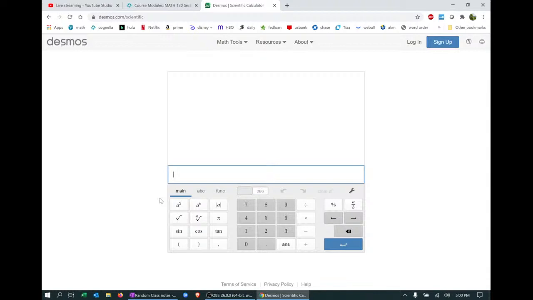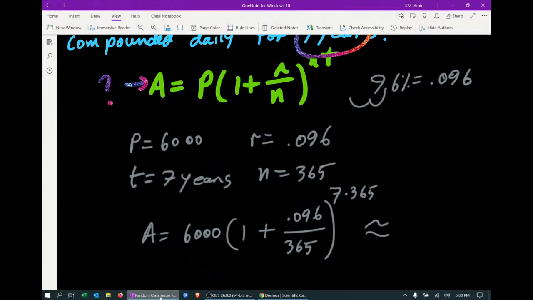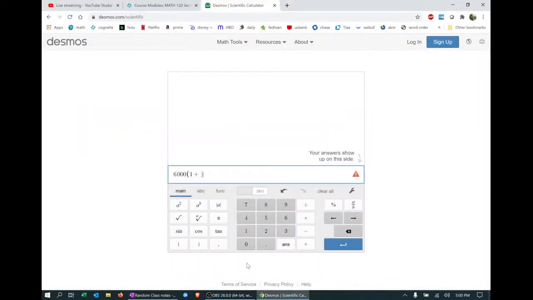Then we have 6,000 times (1 plus 0.096 divided by 365). This is the part where many of you will make a mistake: make sure the division is right over here, not the whole thing.